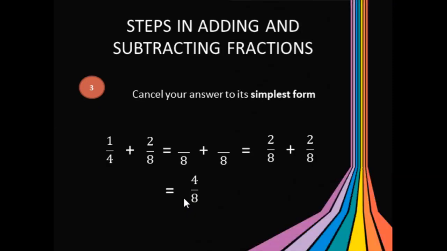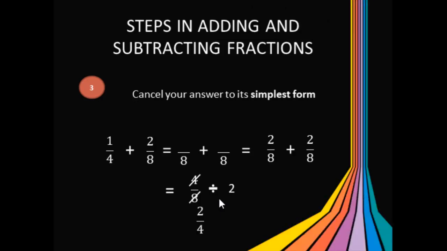Find the factor that can divide the both of 4 and 8. What factor or what number is it? We can have 2. We cancel it this time. 4 divided by 2. We get 2. 8 divided by 2. We get 4.